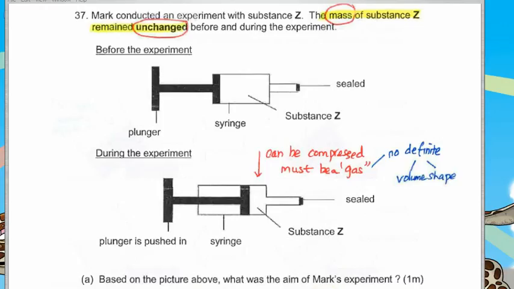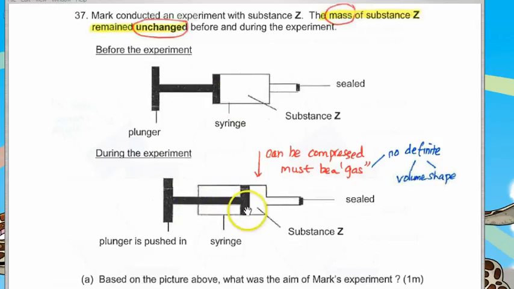Number 37, Mark conducted an experiment with substance Z. Note here, substance Z is inside here and inside here. Obviously, it's not liquid, must be gas. When you push the plunger in, this is before, this is after or during the experiment.